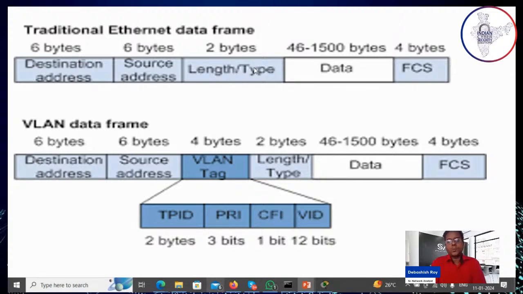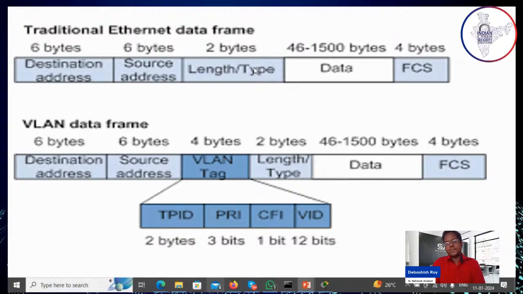Now, the tag protocol identifier indicates whether it is ISL or .1q encapsulation. Priority is related to QoS, quality of service. So if you want to prioritize any VLAN traffic, 3 bits are reserved in the VLAN tag for the priority field.